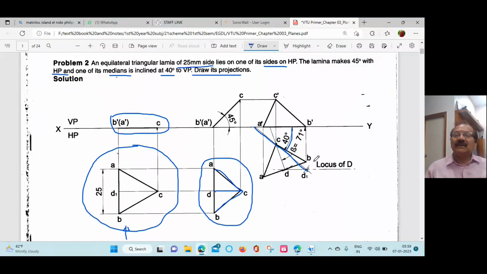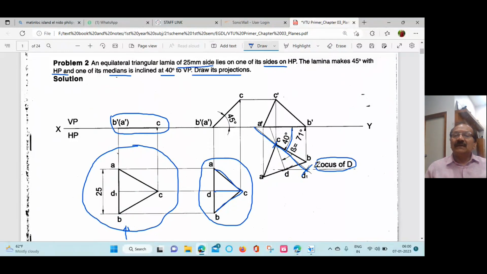So we have to draw a line at an angle of 40 degree. On that line, we have to measure the original length of the median, that is CD1. This point is C, and with the compass cut an arc here, radius equal to CD1. And draw a horizontal line passing through this, because this is the locus of D.